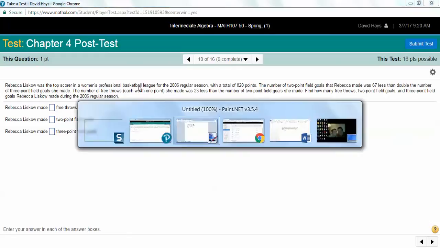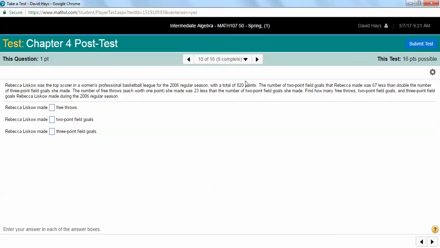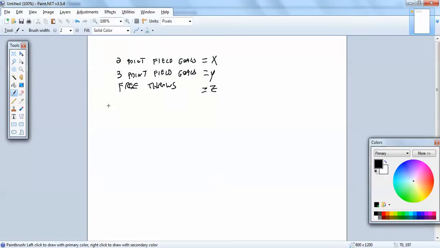Okay, so if we chose these as variables, if I said this was x, this is y, and this was z. Let's read it closer. The total of 820 points. That would tell us that x plus y plus z is equal to 820 points. 2-point goals are worth 2 points, so that'd be 2 times x plus.